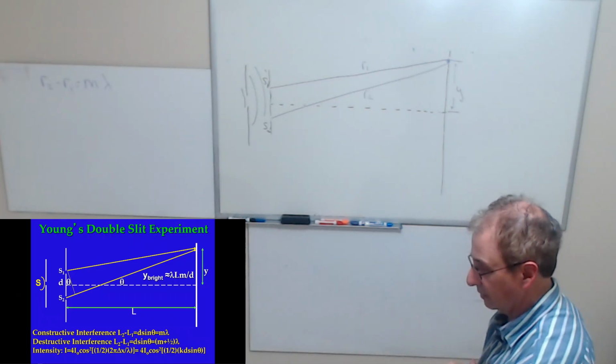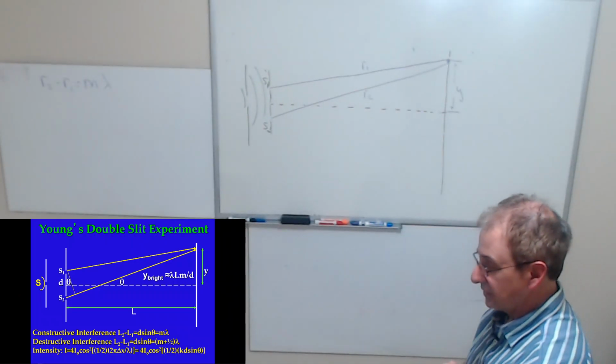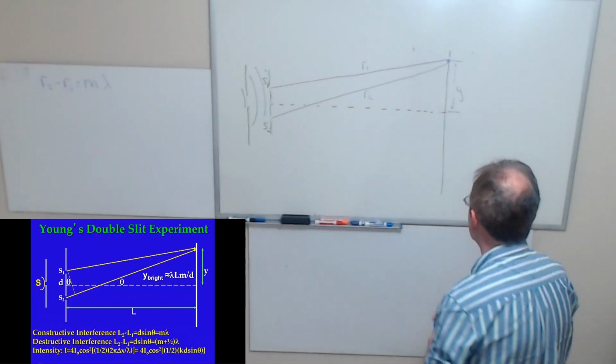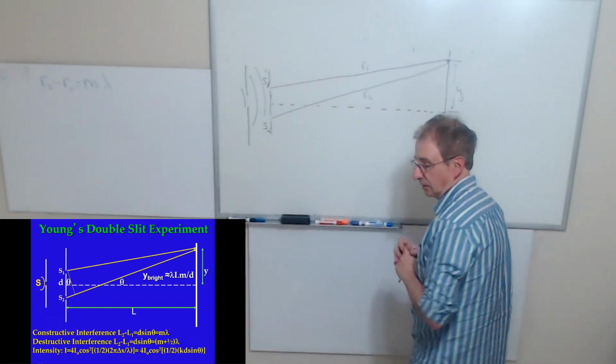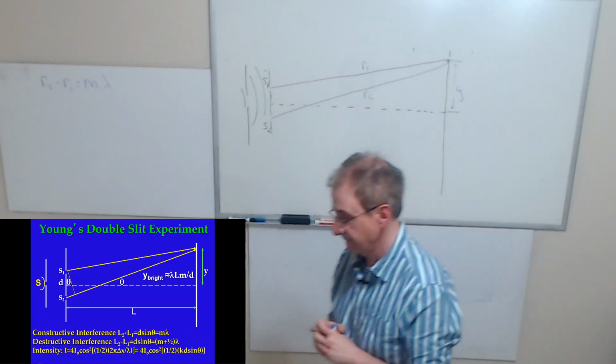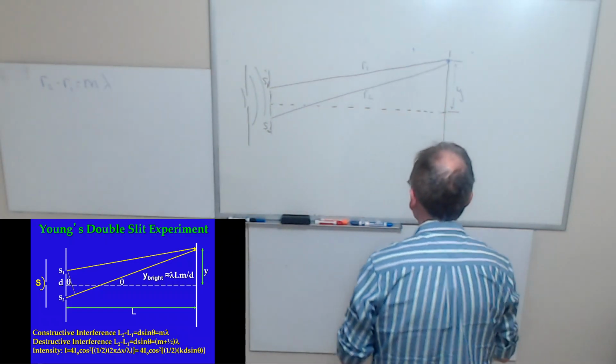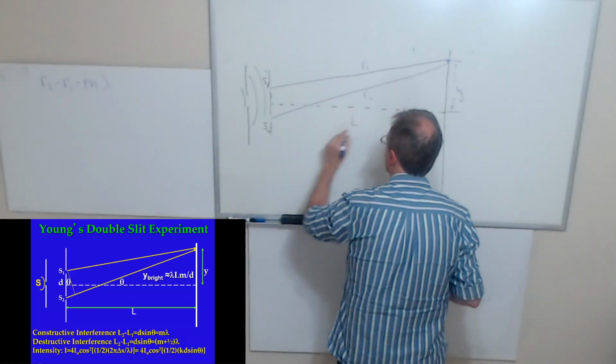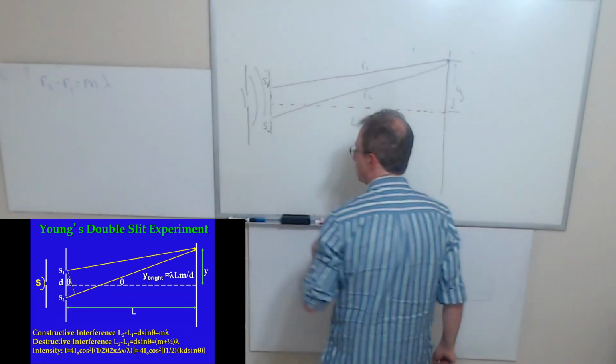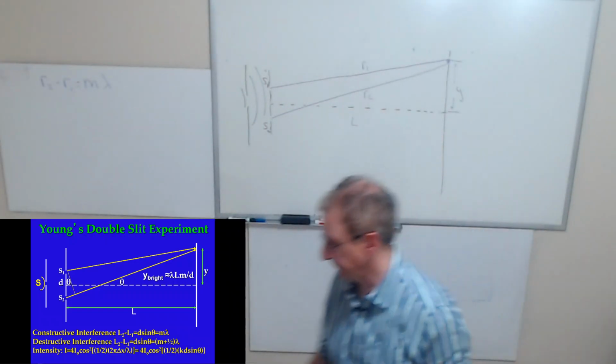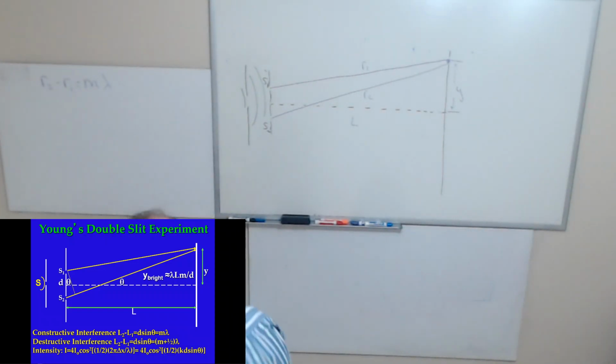However, in this example, lambda is small, L is large, and this separation is small. And so we can make a simplifying approximation to make the math easier.